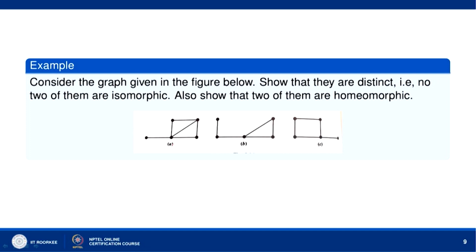Now, you can see in the graph A there are 1, 2, 3, 4, 5, 6 edges. Graph A has 6 edges, while the graphs B and C have 5 edges each.